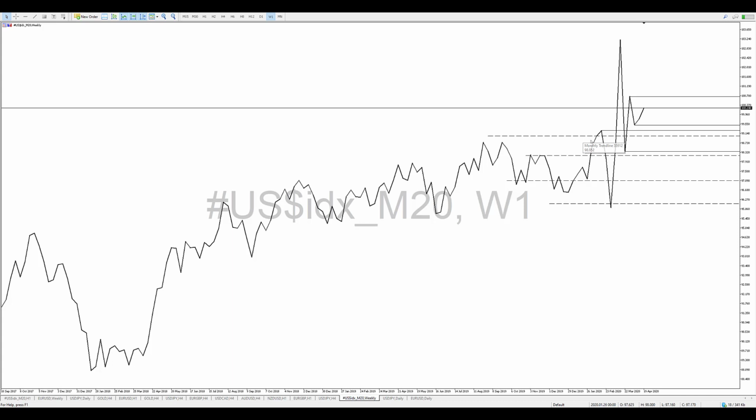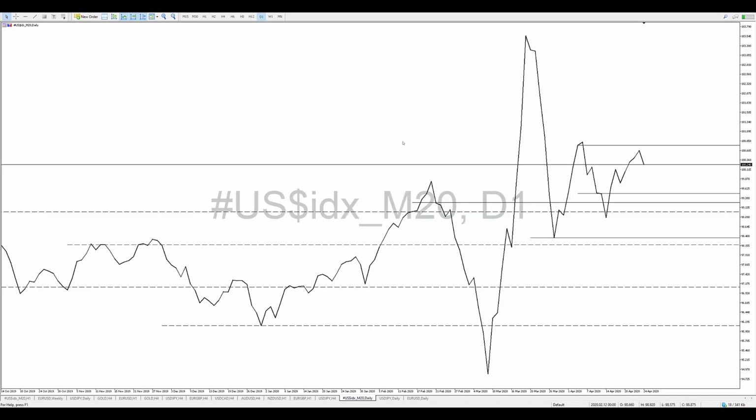So now that we've done that, I'm going to drop down to a daily chart. You can see, guys, what I'm really doing here is just marking out the levels that I'm going to be taking note of. The dashed line represents my monthly levels. The black solid line represents my weekly levels. Now I'm going to highlight the daily levels.